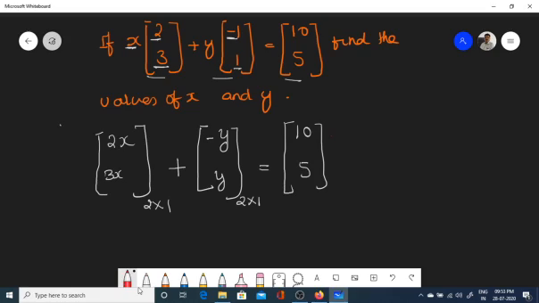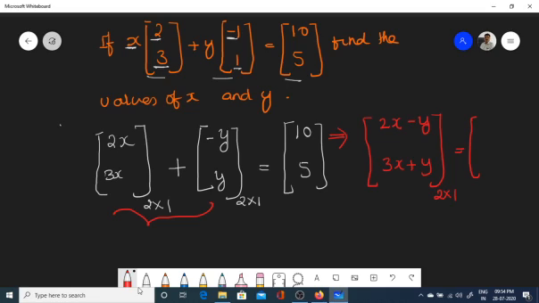So just by adding these two matrices, they are both 2 by 1, so the obtained matrix must also be 2 by 1. So therefore we have 2x plus minus y, which is 2x minus y, and 3x plus y, and this is a matrix of order 2 by 1, that is equal to the matrix [10 5].